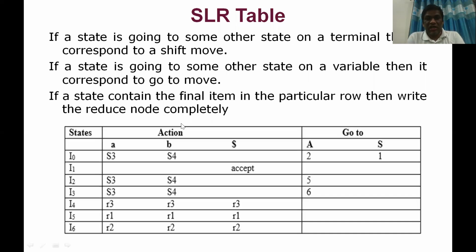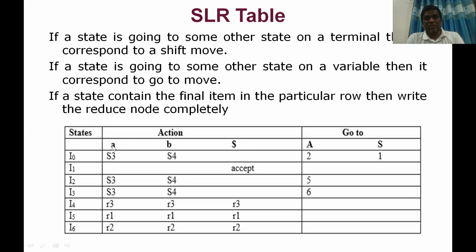This dollar is also considered part of the terminals, because the input string contains only terminals. So the terminals in the grammar and the special terminal dollar, these three are used in the action part.